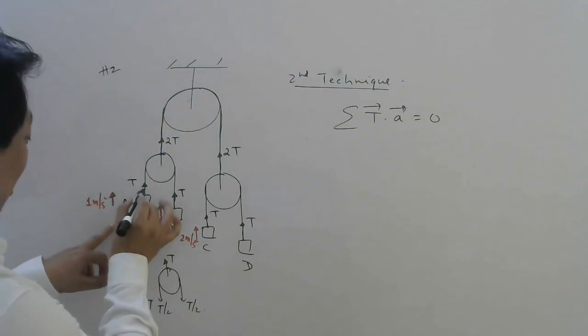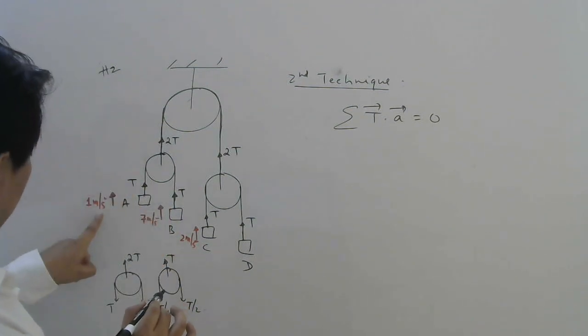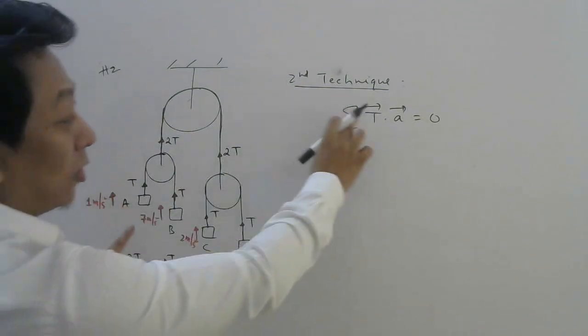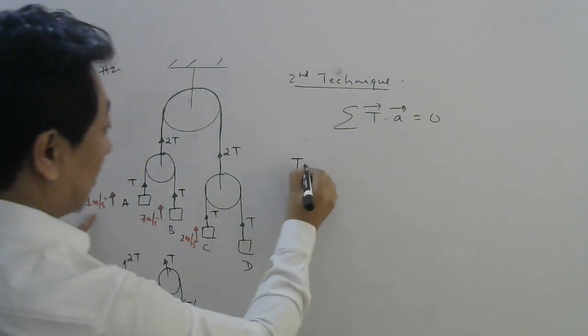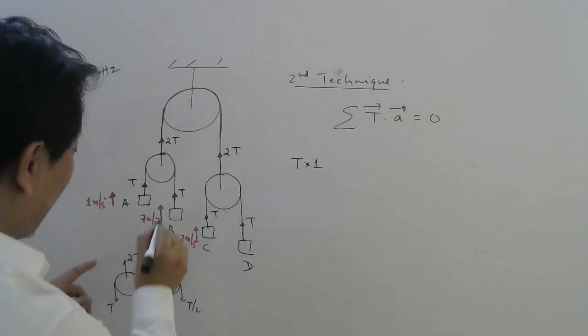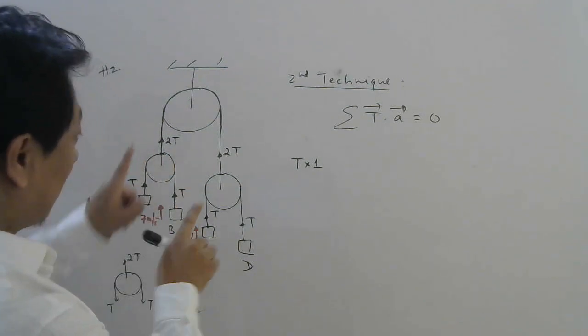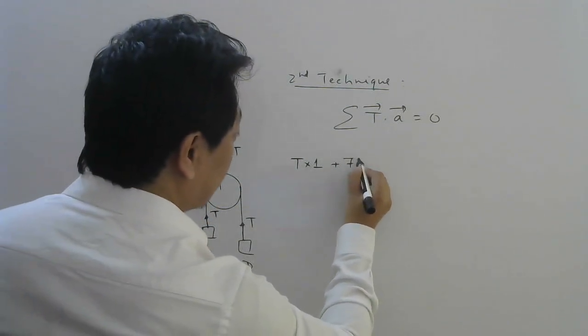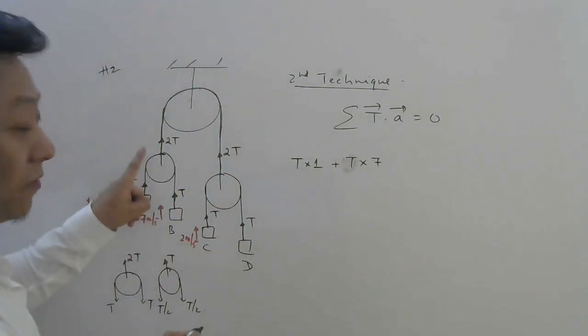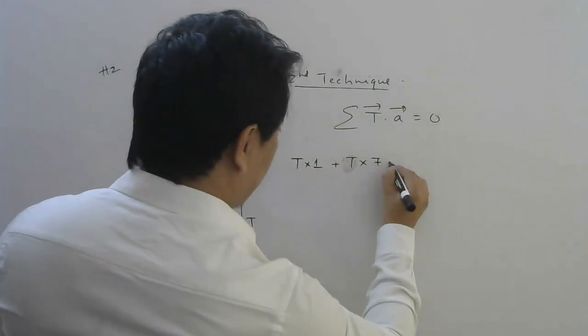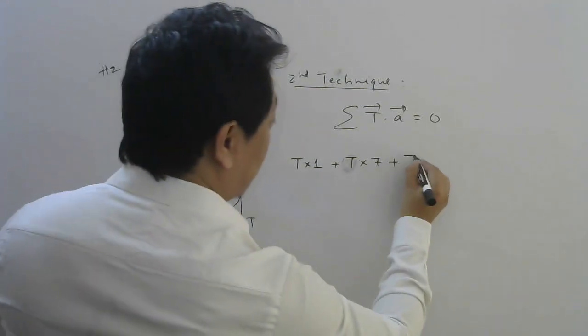Okay. Now take the dot product here. Tension is up, acceleration is also up, so the dot product will be positive. So what will be the dot product? Tension into acceleration. Here also tension and acceleration are in the same direction.